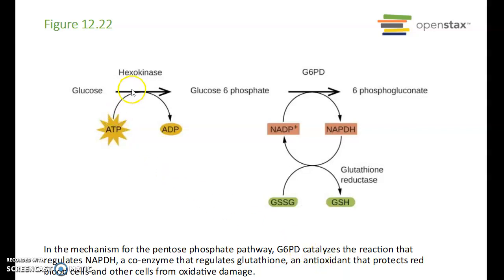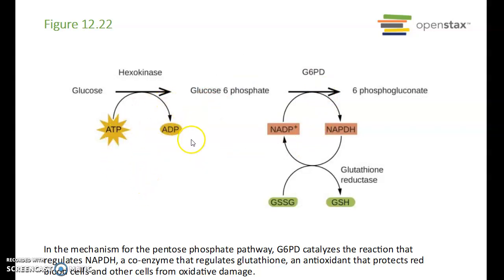So you've got one enzyme that works here, having glucose, forming glucose 6-phosphate, and then another enzyme here that reacts to end up giving you 6-phosphogluconate. And you also have another enzyme here that keeps shifting this back and forth between these two forms so that it can serve as a reactant up there. So it's a fairly complicated process, as are most processes involving the body.